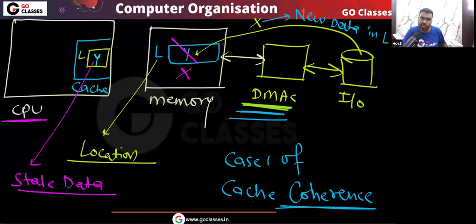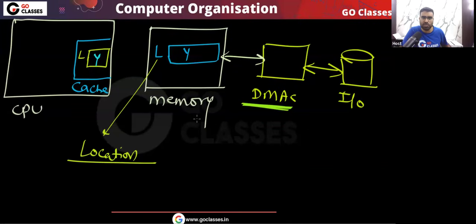Did you understand? Let me know. Let me give you another situation. The other situation is like this. Let's assume that the CPU has changed this data. See, the CPU is working on the cache memory. Do you agree? Now let's assume in location L, the CPU has changed this data Y, and the CPU has made it X. Please focus.